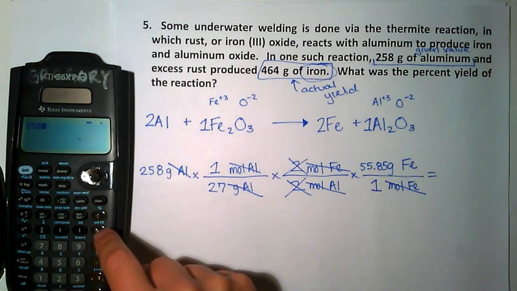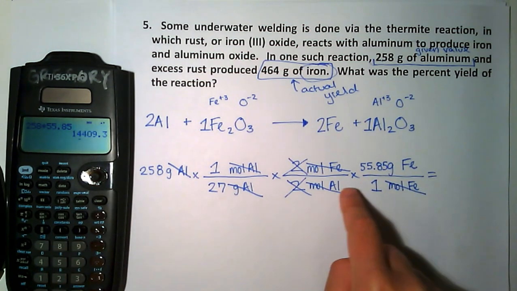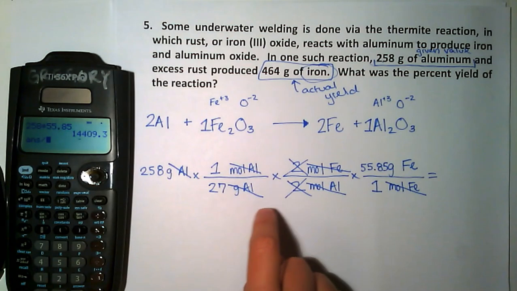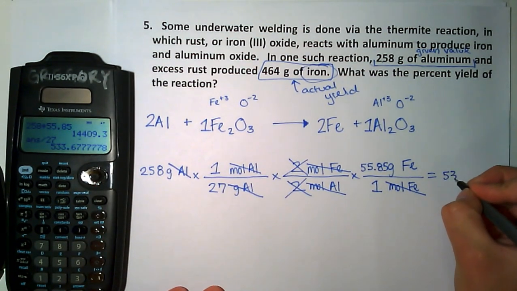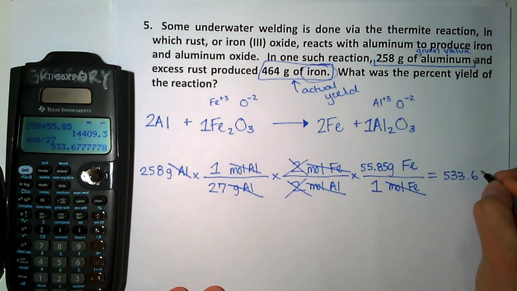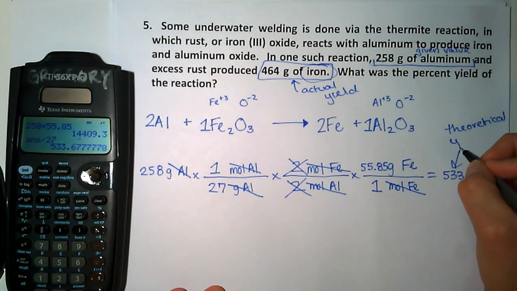258 times 55.85, and then divided by 27. So I got 533.678, if I round that, grams of Fe as my theoretical yield.